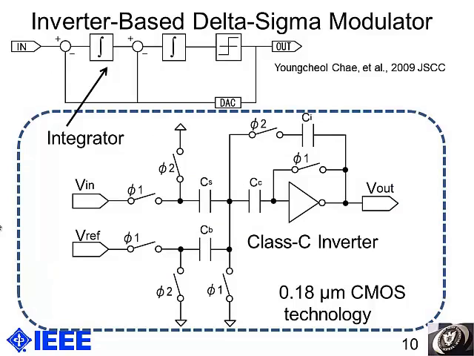This slide shows our second-order inverter-based delta sigma modulator circuit. This circuit was fabricated by a standard 0.18 micrometer CMOS technology. As I explained previously, to obtain high efficiency, we use Class C inverter-based delta sigma modulators here.